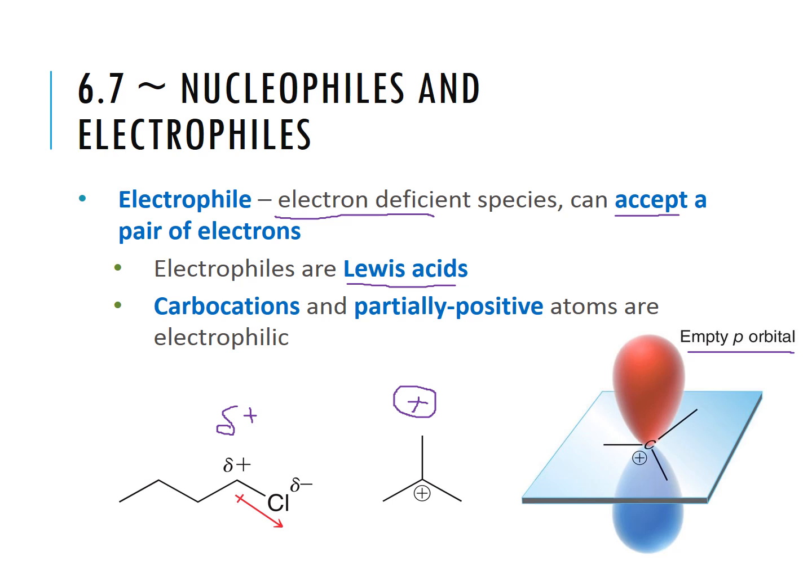Now, our empty p orbital could be from this carbocation. Another example is something like a boron atom. When boron forms bonds, it only likes to have 3 bonds. So it's going to have an unfilled octet.